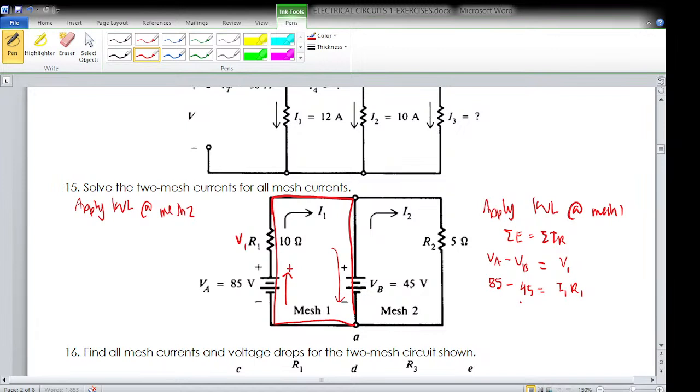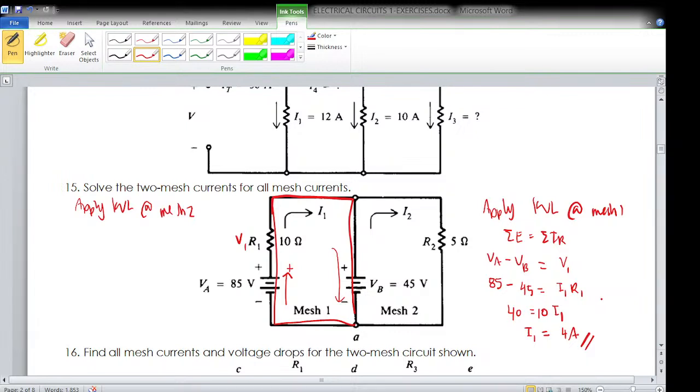And by the way, 85 minus 45, how much? 40, ma'am. How much is our R sub 1? 10. So this will be 10 I sub 1. Therefore, what is the value of your I sub 1? 4 amperes, and this is already our answer.